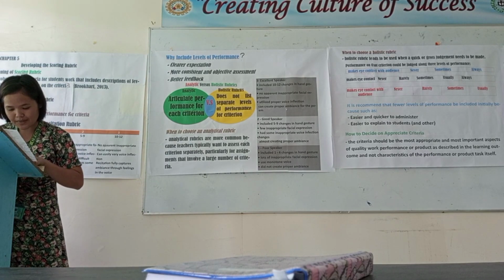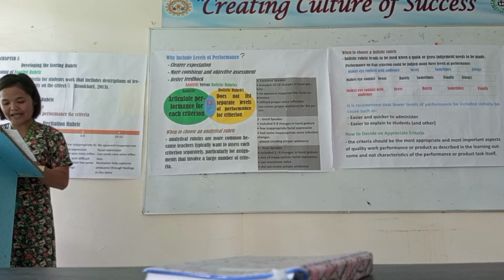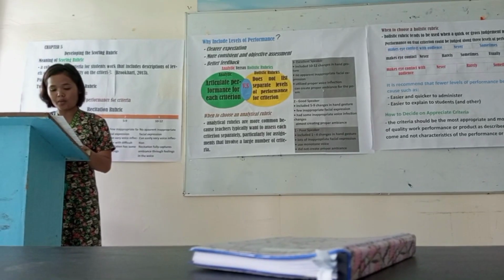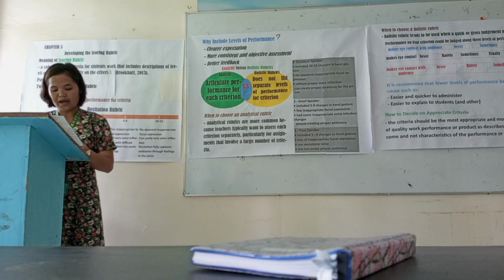So, the criteria should be the most appropriate and most important aspect of quality work, performance or product as described in the learning outcomes and not the characteristic of the performance or product task itself.